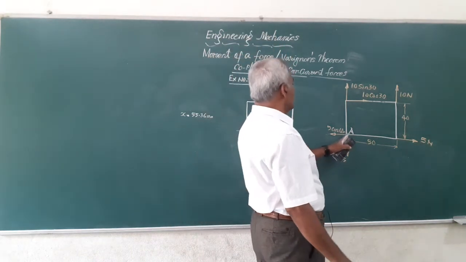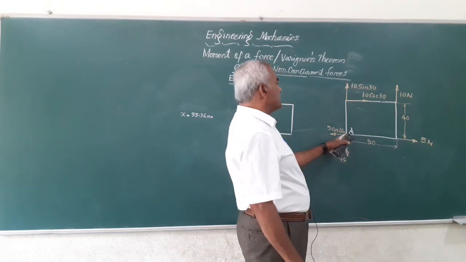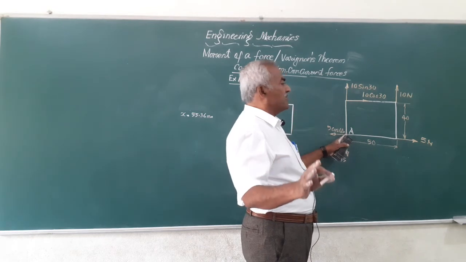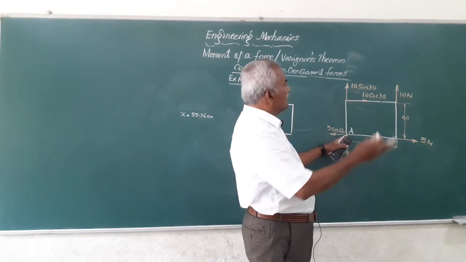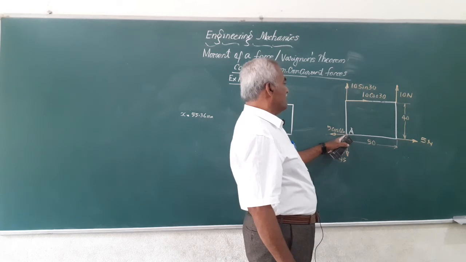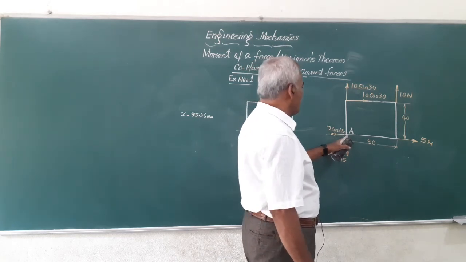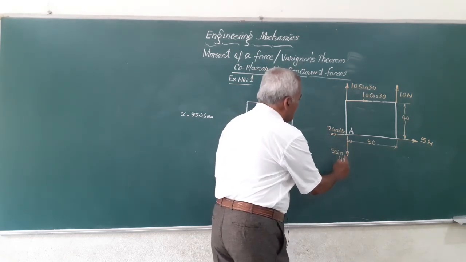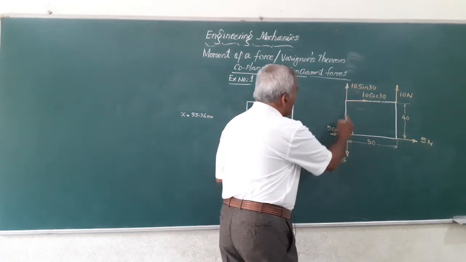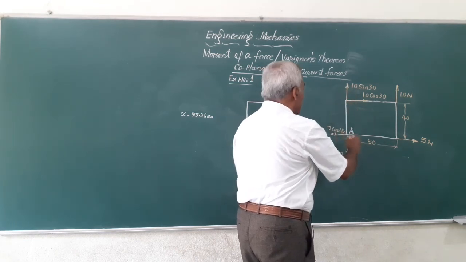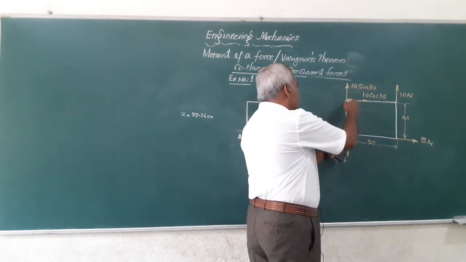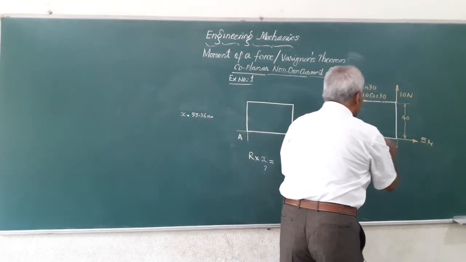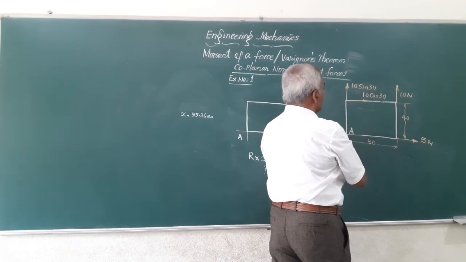Let us start with this point A. Let us see which forces give positive moment, that is clockwise moment, and which forces give anti-clockwise moment. If you observe, the 5 cos 45, 5 sin 45, and also this 10 sin 30 are passing through the line of action of A. Similarly, this 5 Newton force is also passing through it.